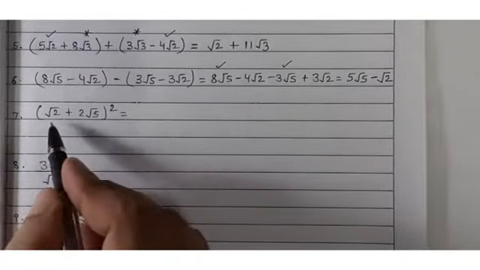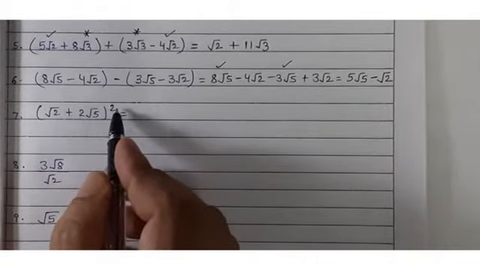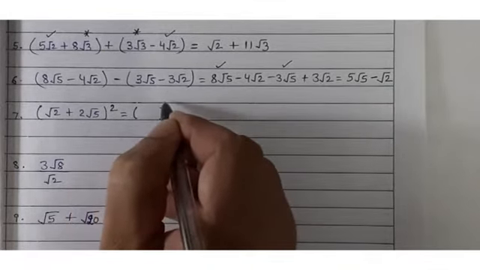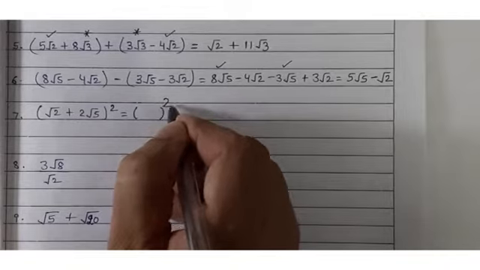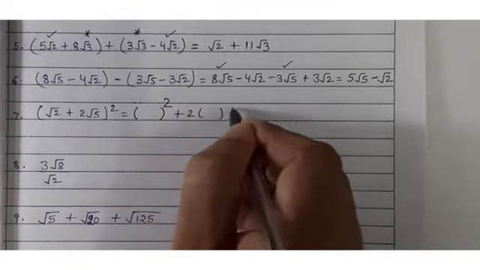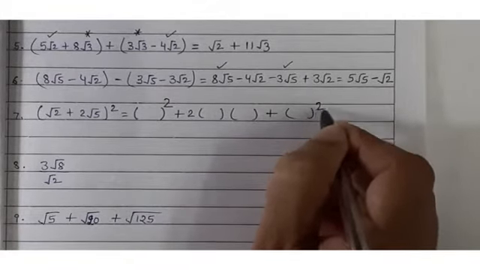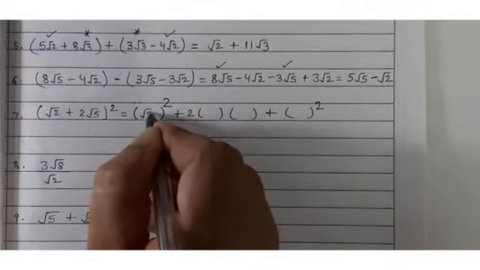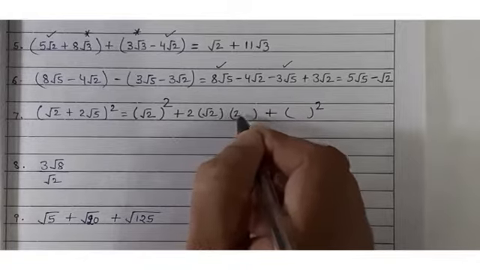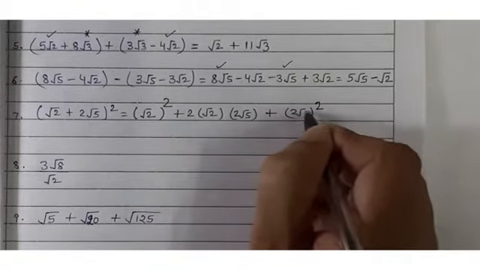Question number 7. Under root 2 plus 2 root 5 whole square. This is a plus b whole square. Okay, that I know. I think you also know. A plus b whole square is a square plus 2ab plus b square, we all know. Then what will come? See, a square plus 2ab plus b square.